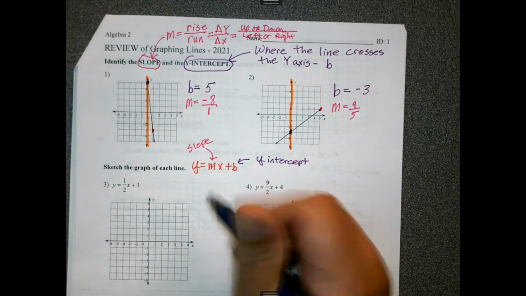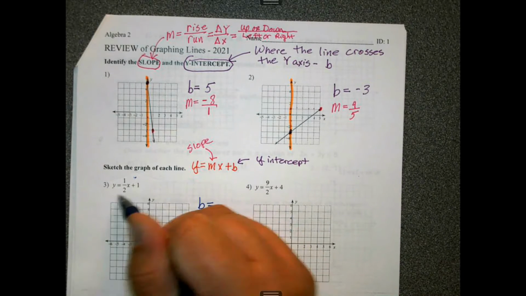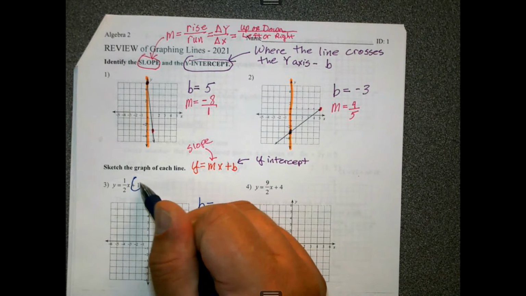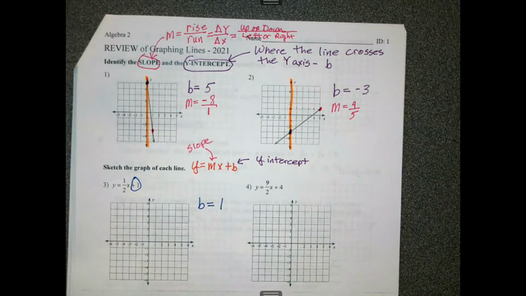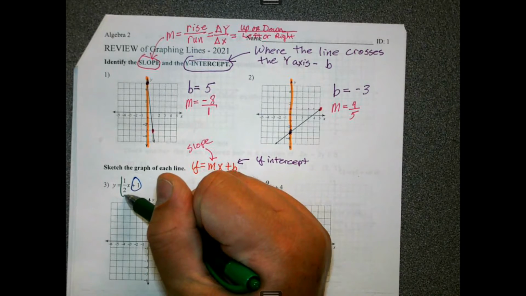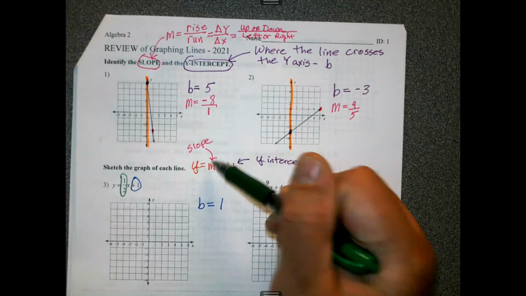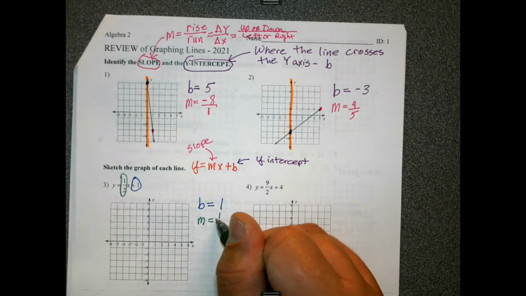So I'm going to get my y-intercept first. I'm looking at my equation here. My y-intercept is the b, so it's +1. My slope is the coefficient of x. It's not x, it's the coefficient. So my slope equals 1/2.